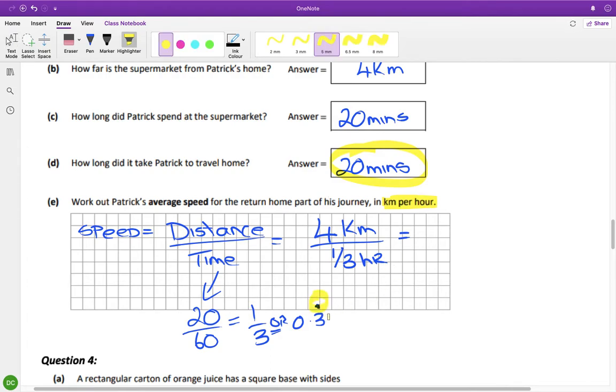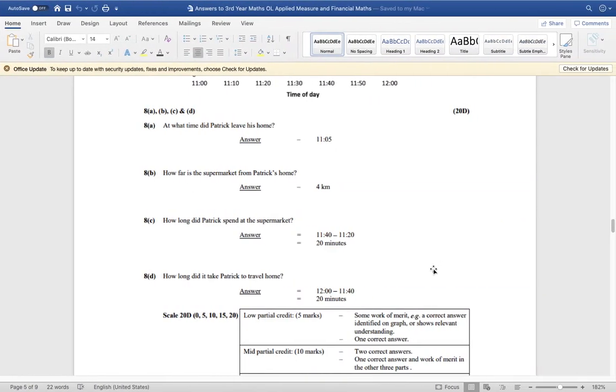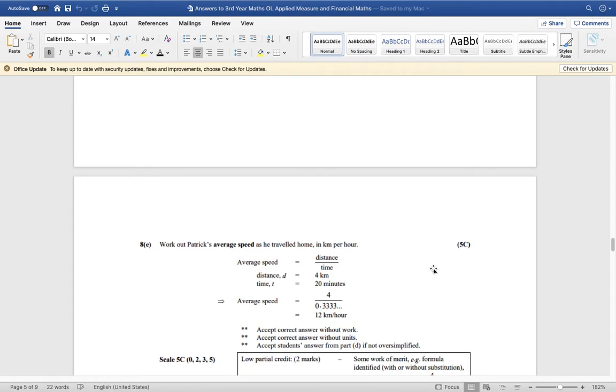And you would have to include the recurring, because it's different if you don't. So that's why I'm going to go with the third. So I'm typing in 4 divided by 1/3, equals, and you get 12 kilometers per hour. Yeah, 12.